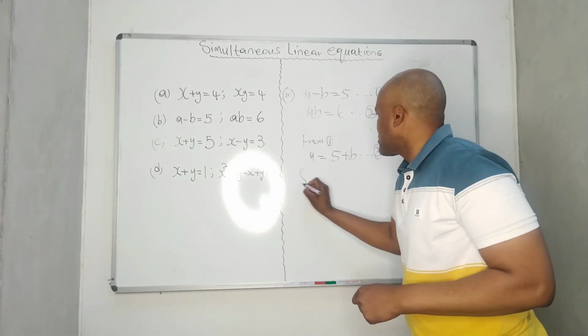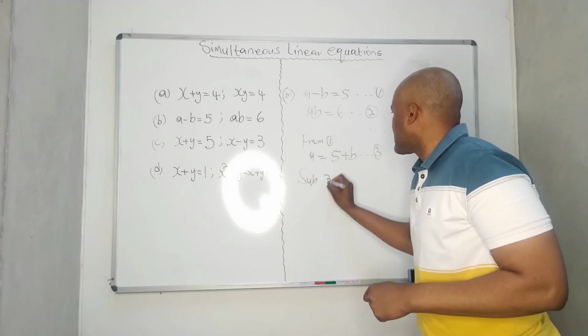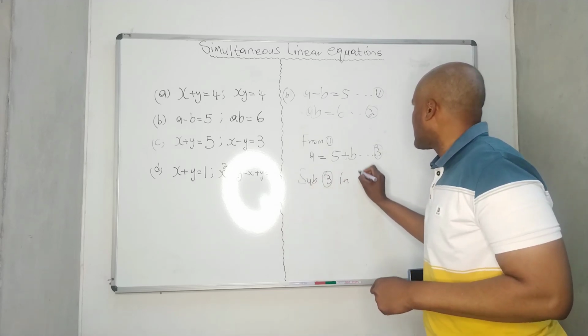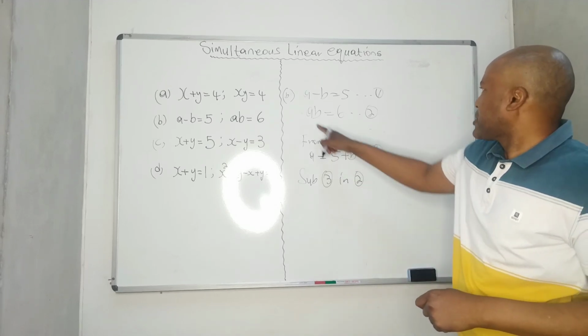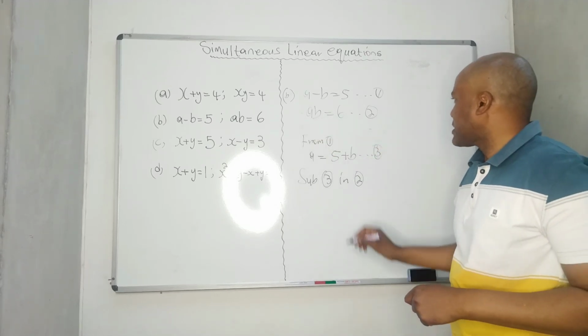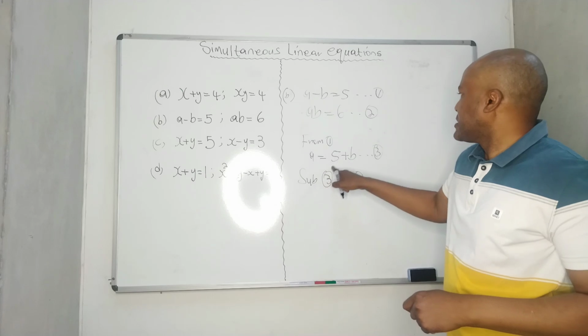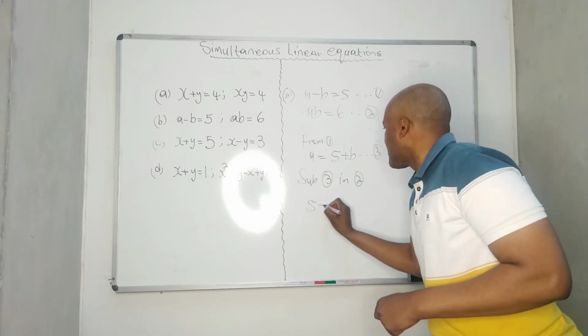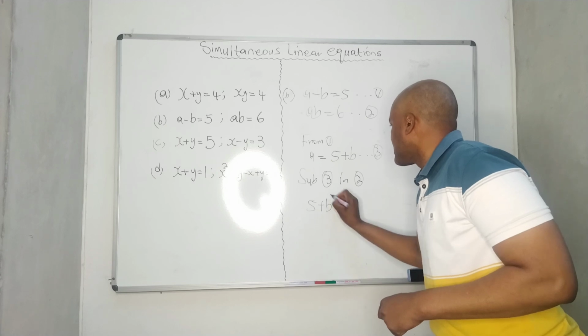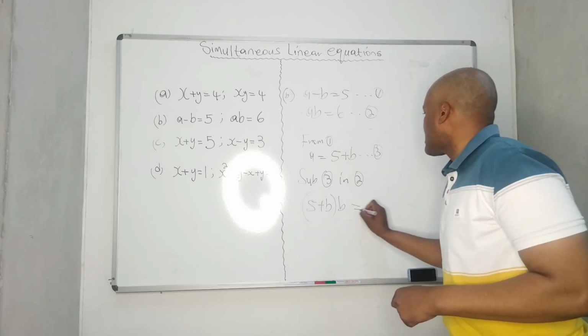Then now I substitute equation 3 in equation 2. Equation 2 is that one. Then my a is 5 plus b. Then I will say, okay, 5 plus b multiplied by b is equals to 6.